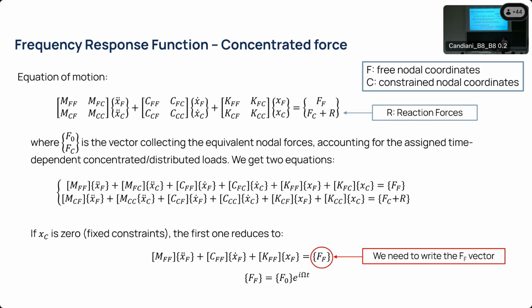So in a way, it is possible to rewrite this problem by separating the first part, the part where we have the free and constraint coordinates, where we have only the free coordinates, so the first row down there, from the problem where we want to obtain the forces of the constraint coordinates. So it is a system of equations. We are able to divide them in two.